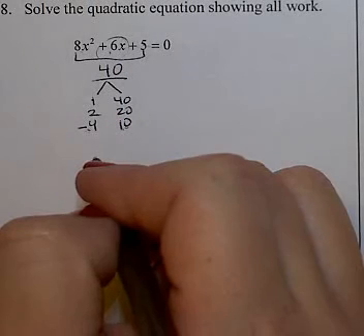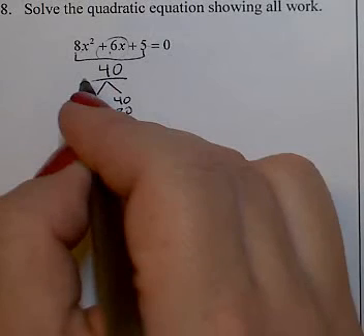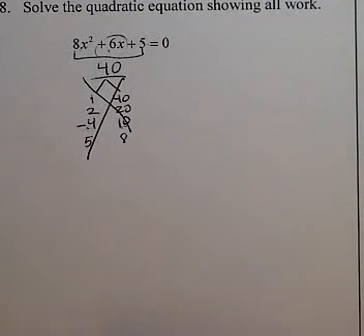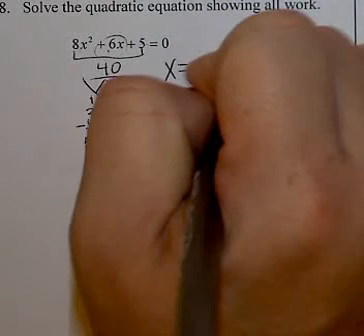And so as far as I know, there's no combination that works here. Even 5 and 8 don't work. So when we can't find a combination that multiplies and combines, we're going to revert to the quadratic formula.